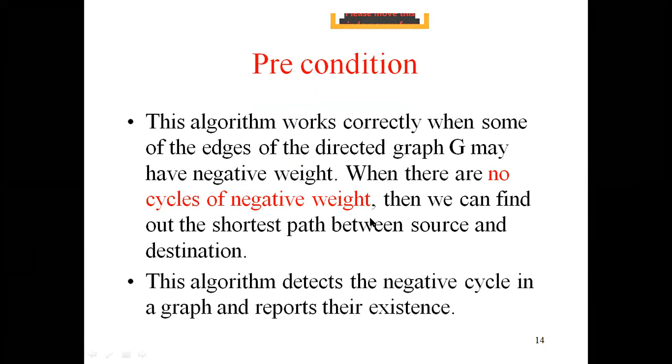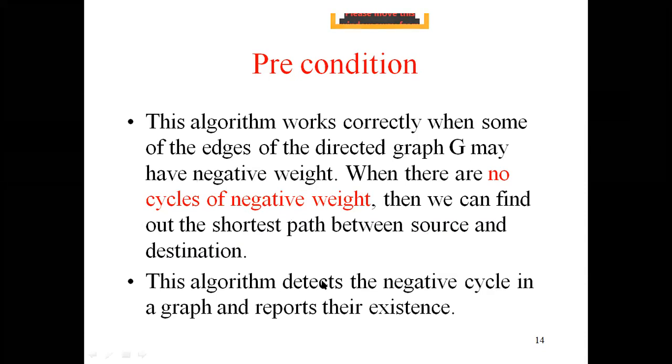Negative weight cycles are not allowed. If there are cycles with negative weight, we can't find the shortest distance. If there are no cycles with negative weight, then we can find the shortest path between source and destination.